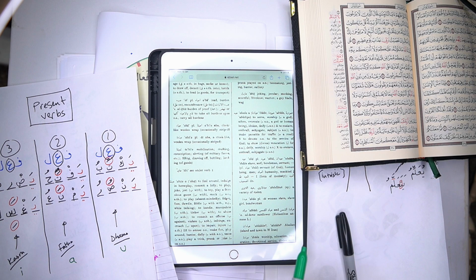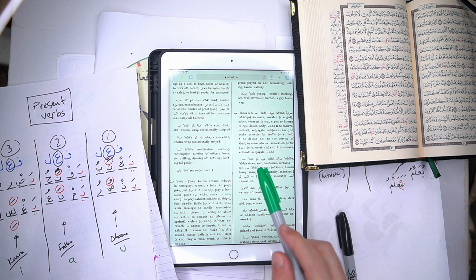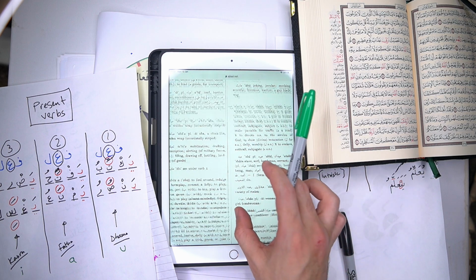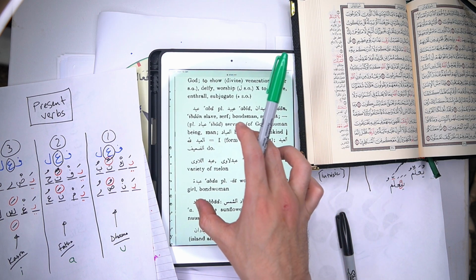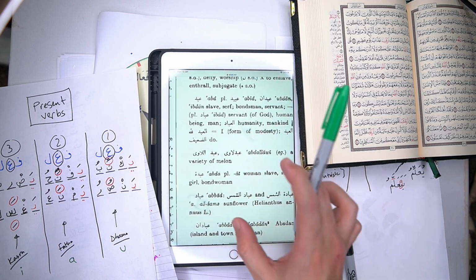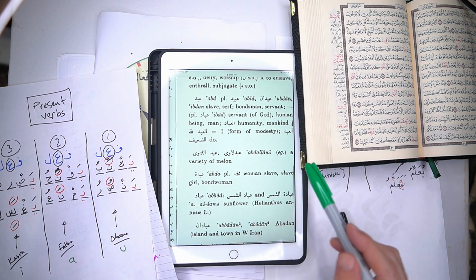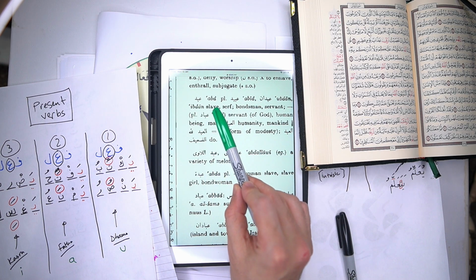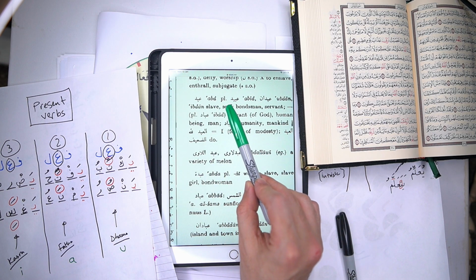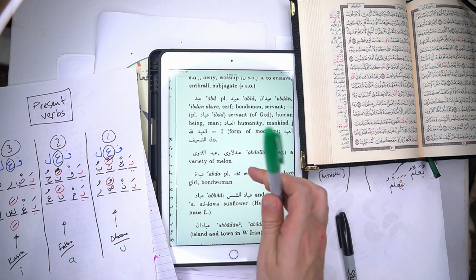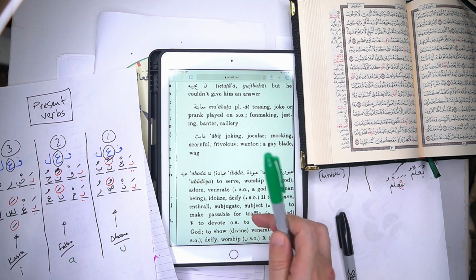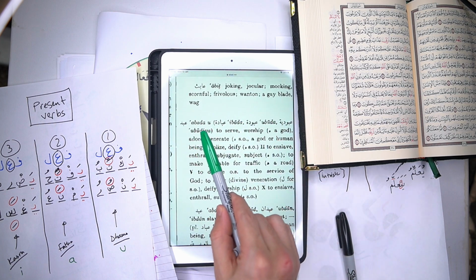So if you look at this then, I can make it quite big actually, excellent. You've got Abada over here, and then you've got a U there.